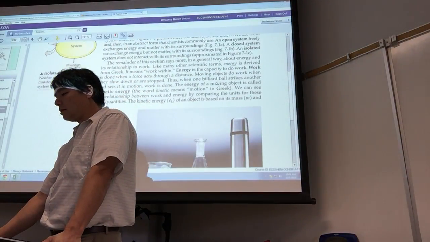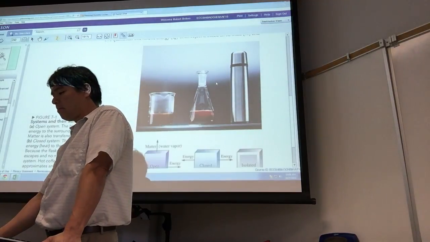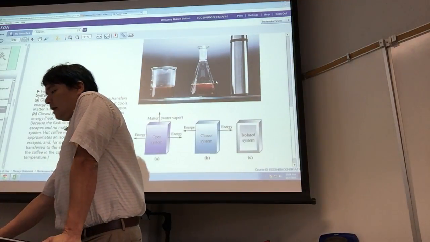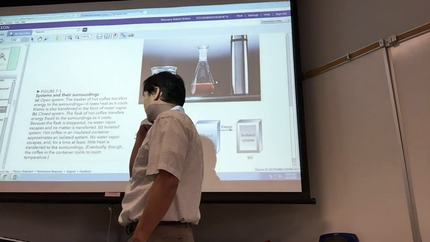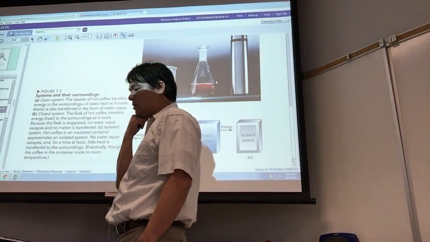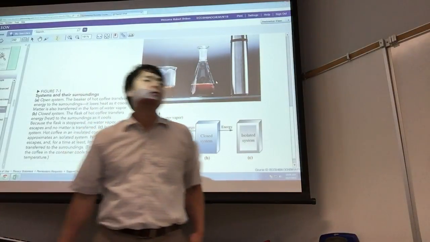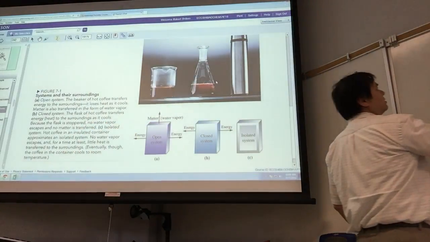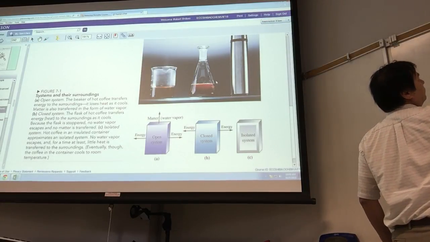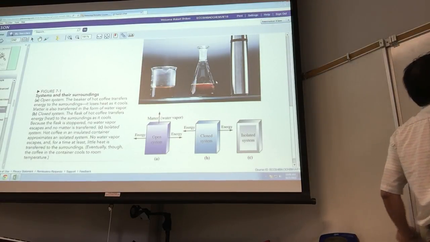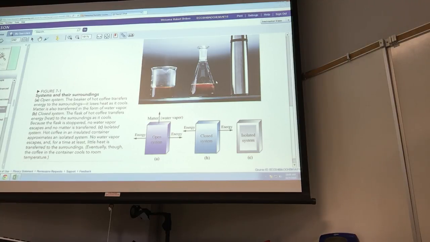There's a lot, but the main things we're going to look at are this. We're going to define the universe in terms of system and surroundings. So the universe is going to consist of two things: the system plus the surroundings.